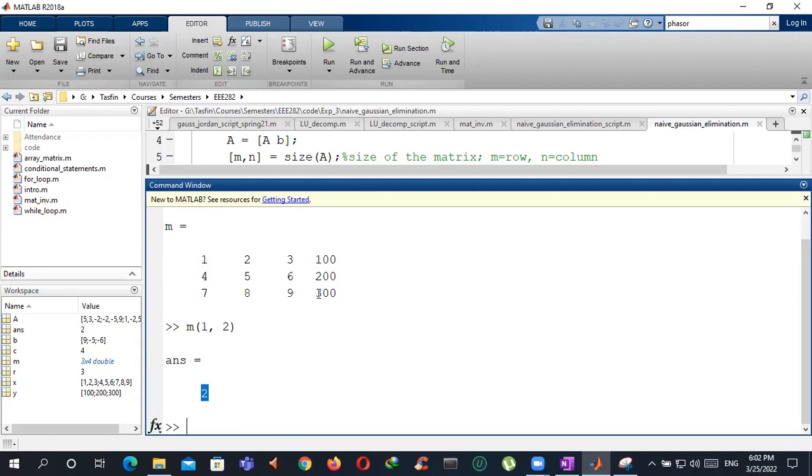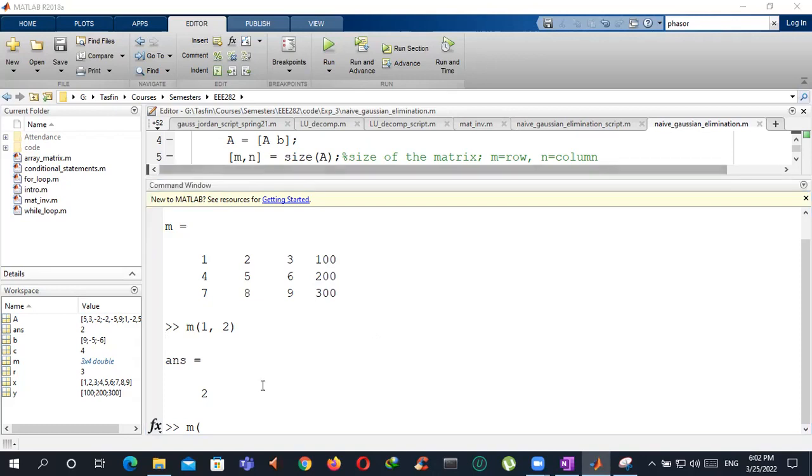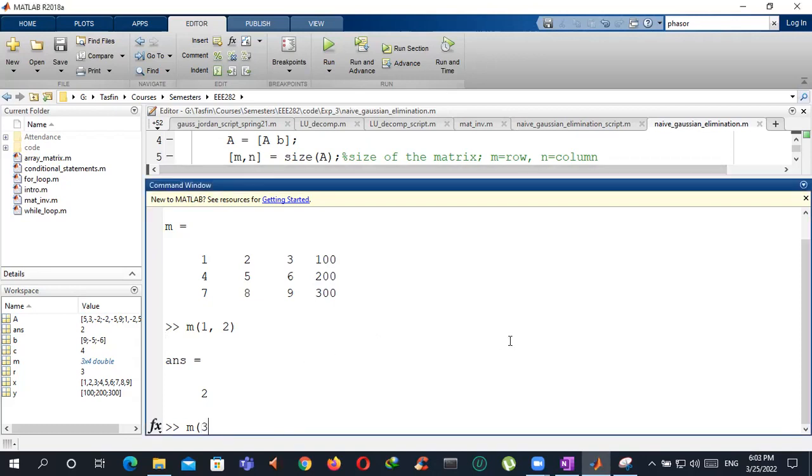Let's assume I want to access this 300 value. What should I pass here? What's the row number for this 300? This is the third row, and for the column, it is in the fourth column.